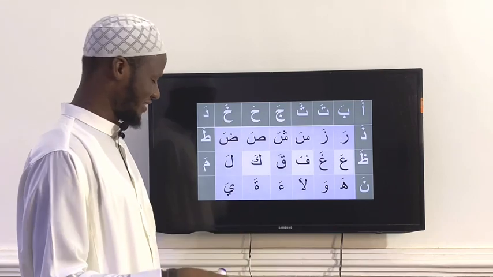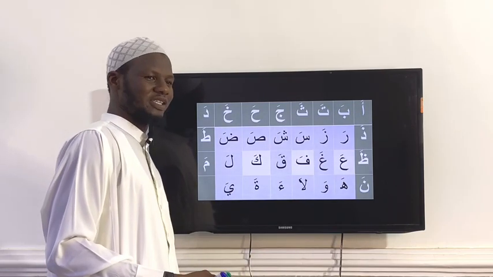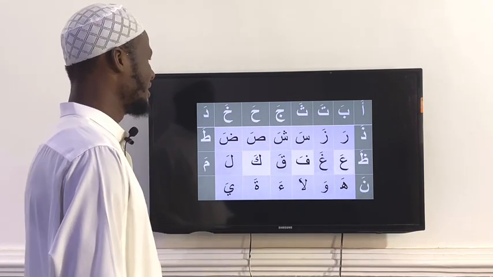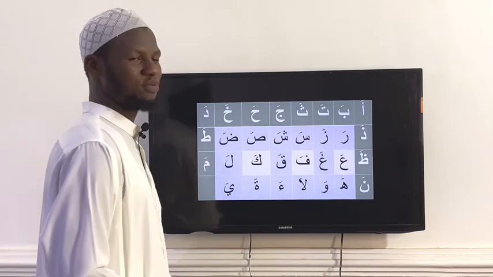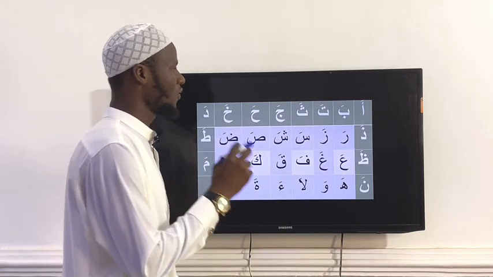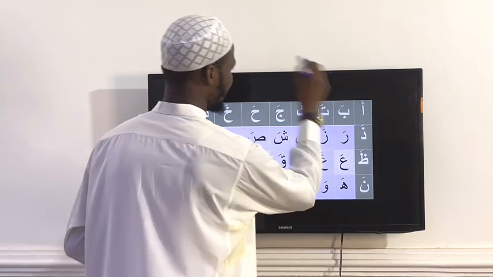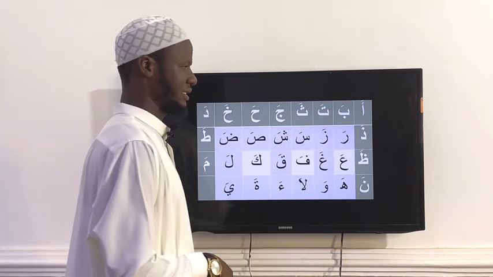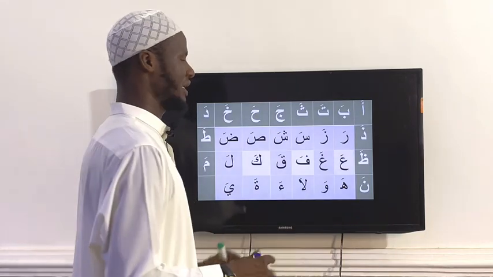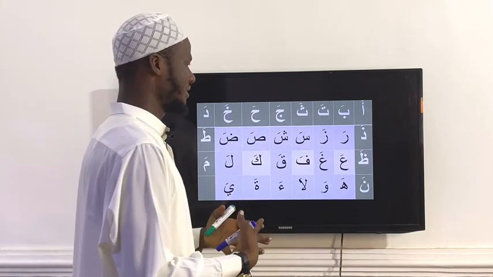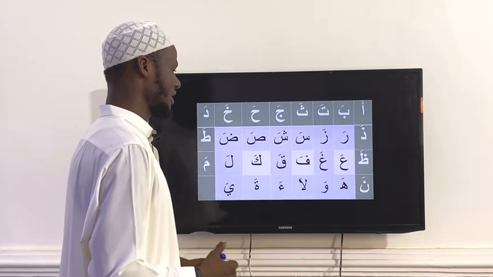Write and read. In reading, try as much as you can to follow the rules of the pronunciation. Rule number 1, mention the letter. Rule number 2, mention the character written on the letter. And then the final one is merging them and then being able to pronounce, inshallah.